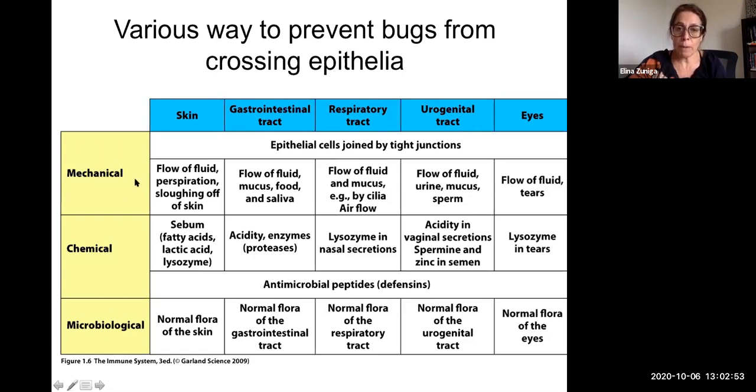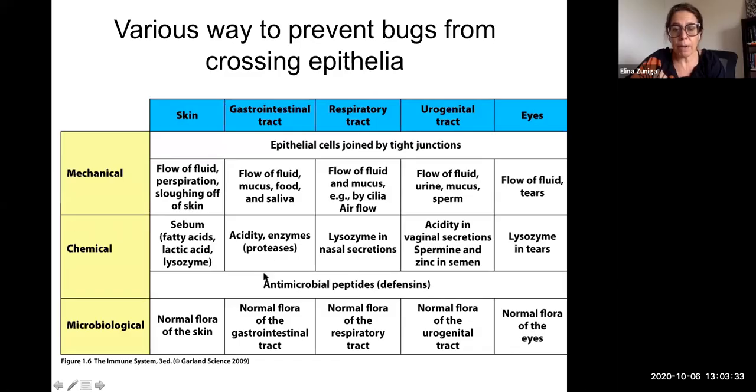And then on top of the mechanical barriers, and again, we mentioned epithelial cells, flow of fluid, and mucus, we have chemical barriers. Examples for these chemical barriers are enzymes like lysozyme, for example, that will destroy the microorganisms. And the other chemical barrier is a low pH. For example, in the stomach, in the gastrointestinal tract, there is low pH that will destroy the microorganisms. Again, preventing before it gets into our body, okay?